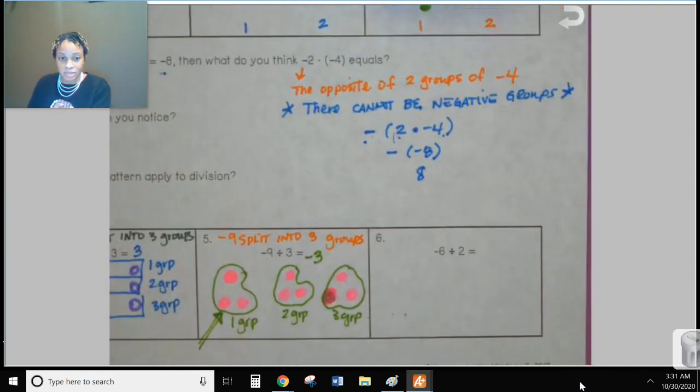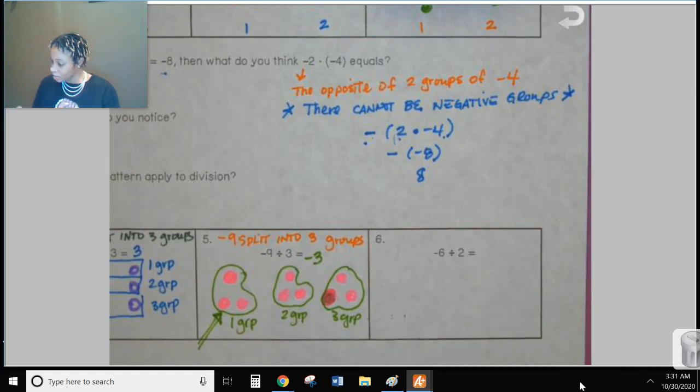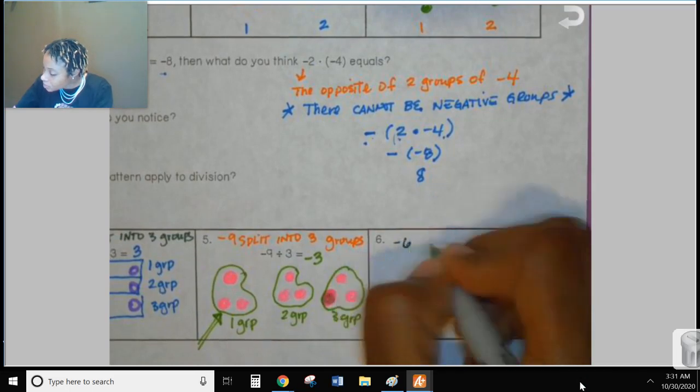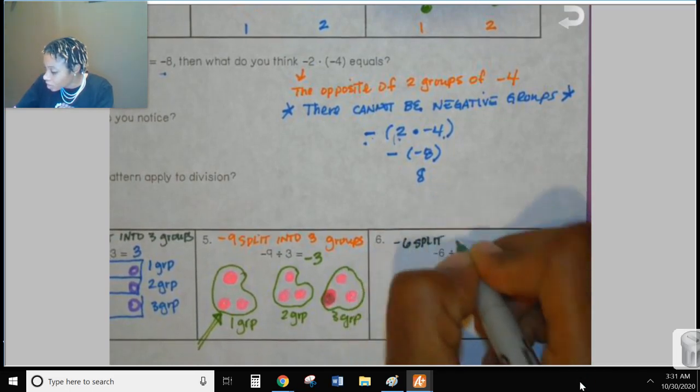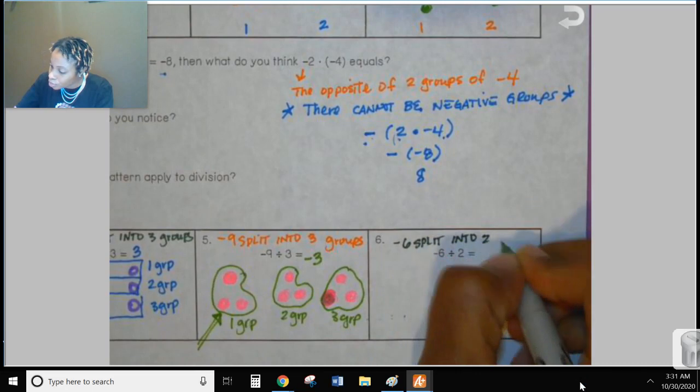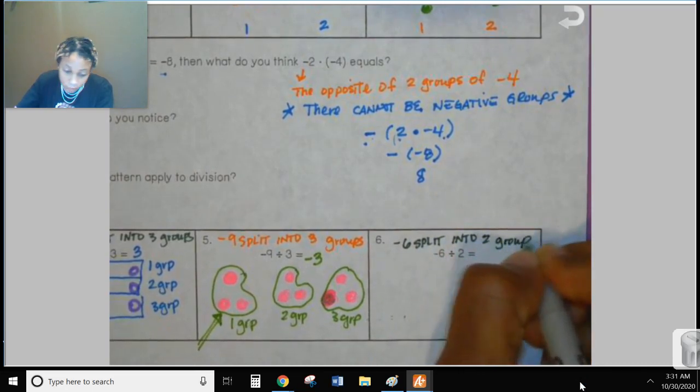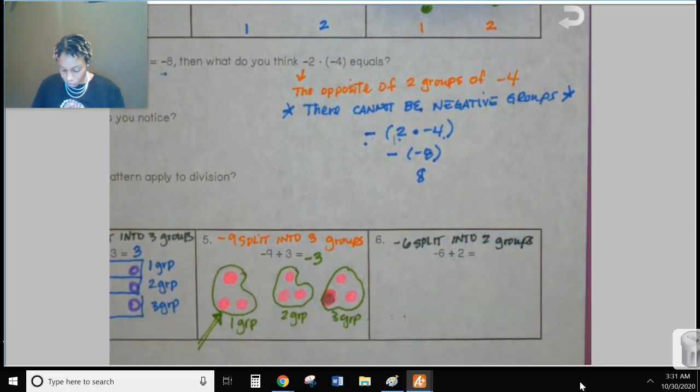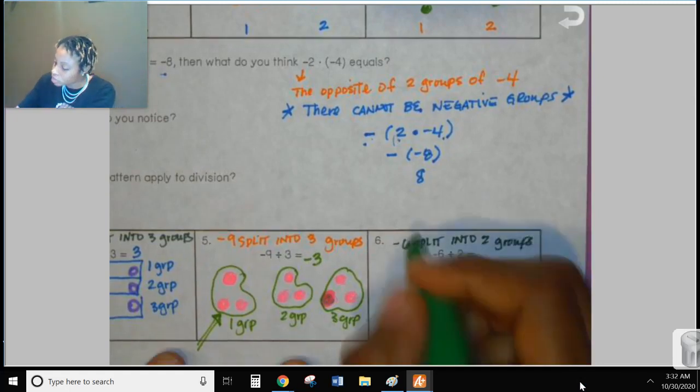Let's look at the last one. This one is going to be negative 6 split into two groups. Negative 6 split into two groups. So I'm going to have 6 shaded counters.